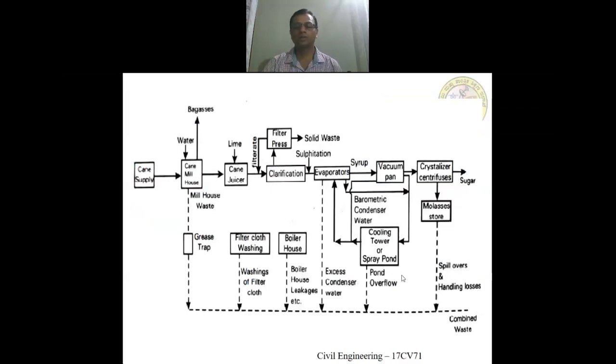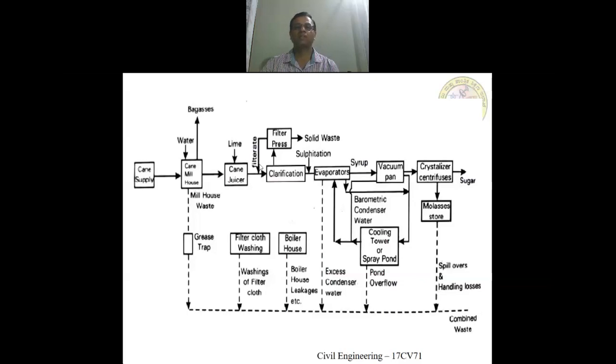So this is the typical flow chart of sugar industry waste. First will be cane supply, it will be washed and crushed, then one part is bagasse, which goes for reuse, like for fuel or for the paper industry.